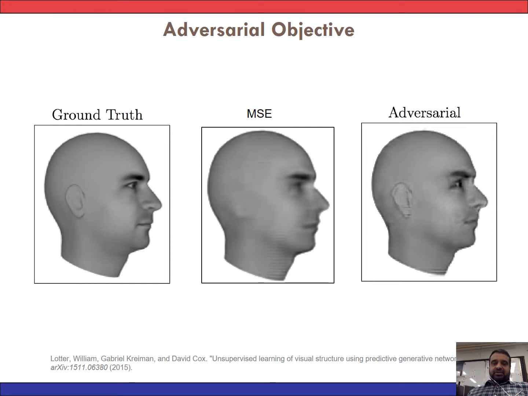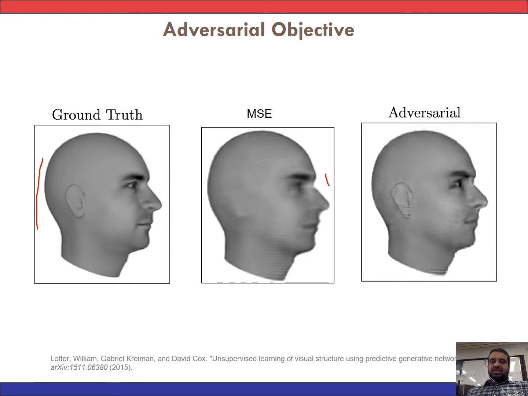In generative adversarial networks, actually we are using the adversarial loss. The adversarial loss in itself is very powerful. Suppose this is the ground truth sample, and if we use the mean square error loss as the objective function, we get this output image.